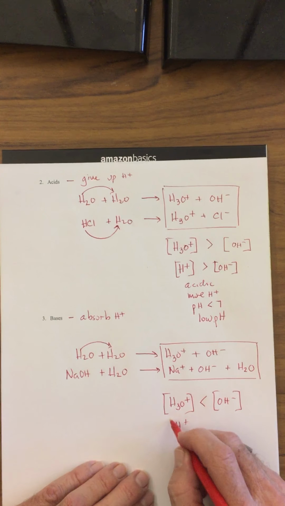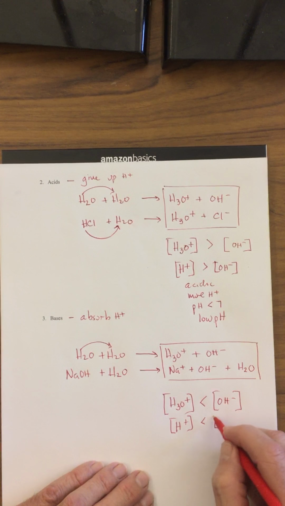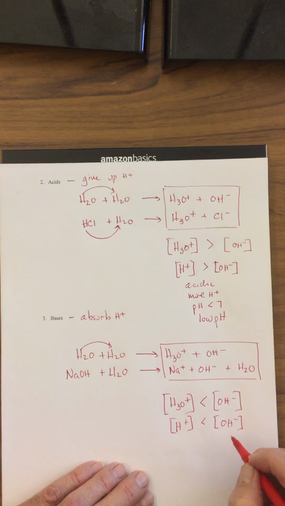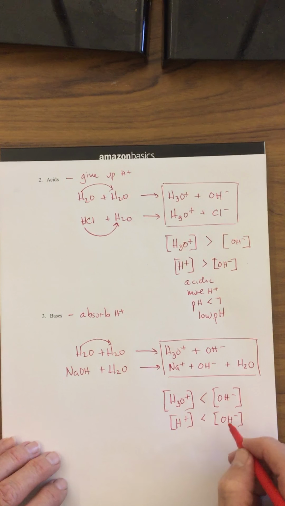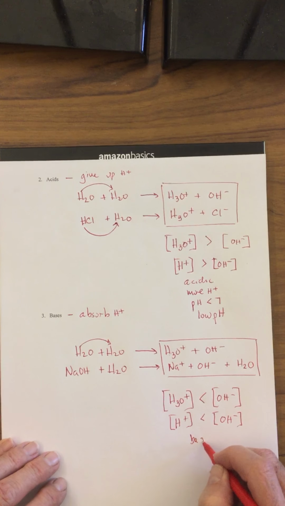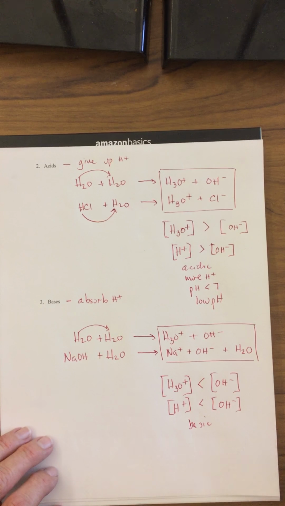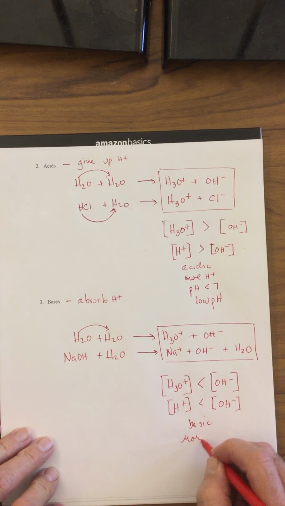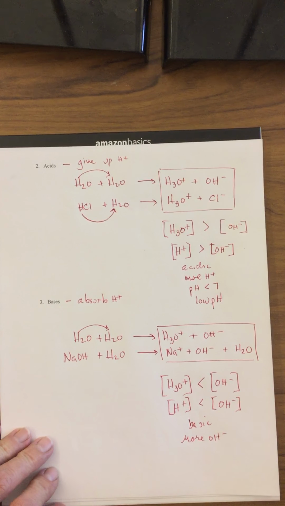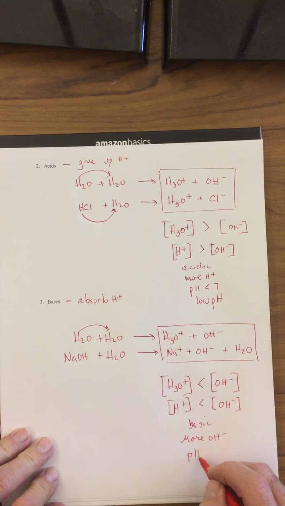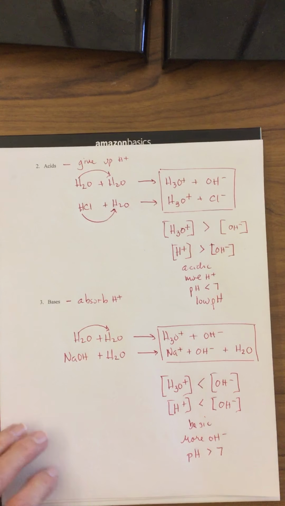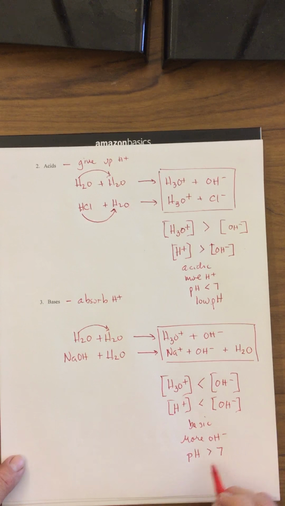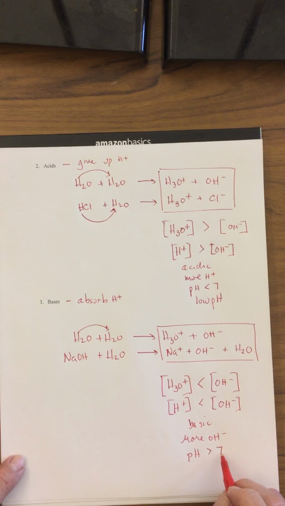So when the acid is less than the base, or the base is more than the acid, this is going to produce basic conditions. And it's basic because I have more OH minuses. And my pH is going to be greater than 7. Well, 7 is neutral. Okay, it's the middle of our pH scale. So if I have something that's bigger than 7, okay, my potential to hold hydrogens is more.